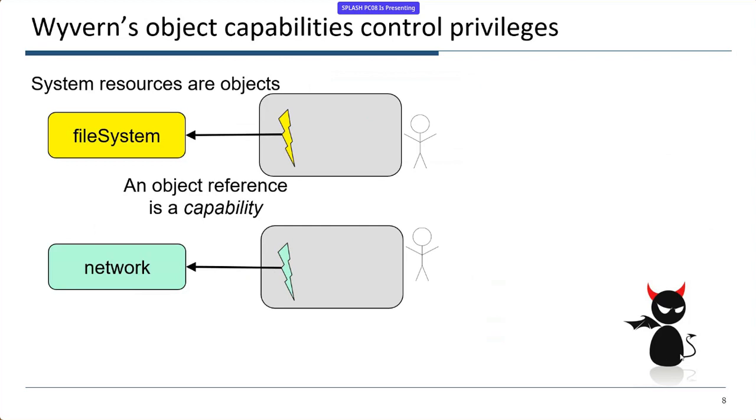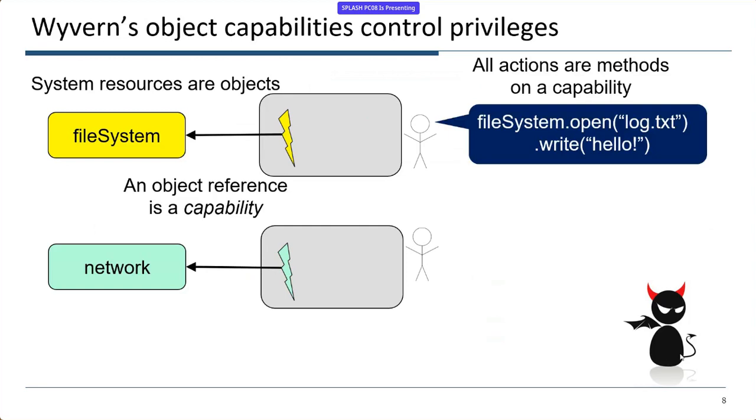And so, our different users or our different programs can have capabilities to these resources, just if they have a reference to them. And so actions are methods on a capability, right? We can call file system.open, we can pass the name of the file we want to open, and we can write to it. And that's something, right?